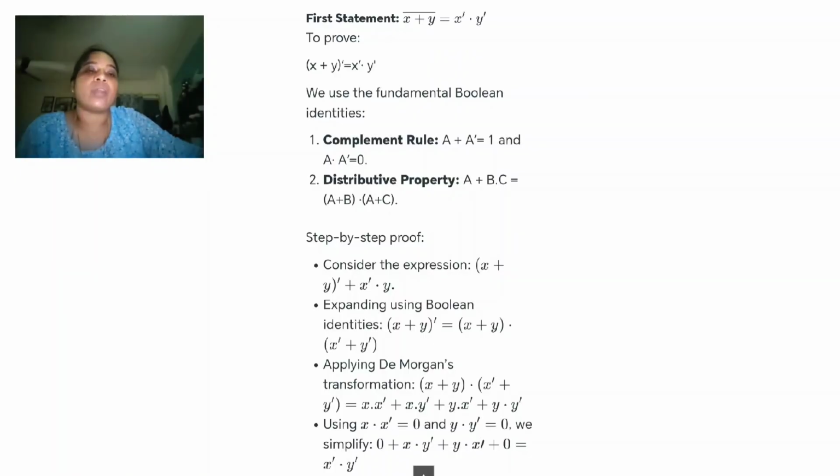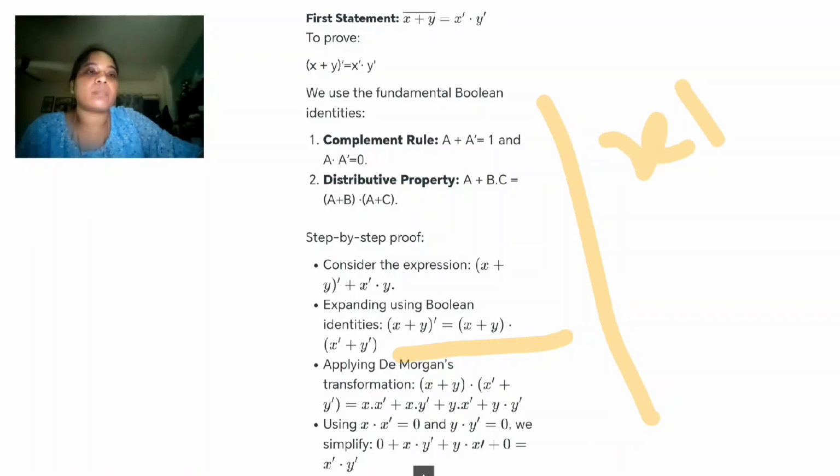So now we are going to expand this form by using these Boolean identities. Here you can see x plus y dash equals x plus y dot x dash plus y dash. This is your Boolean identity.